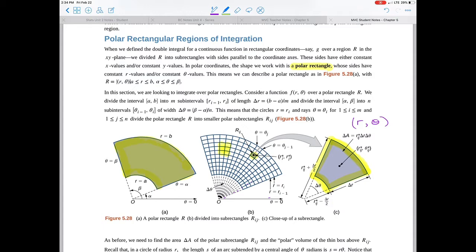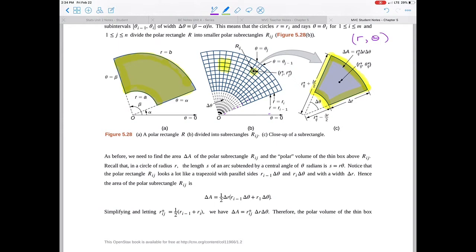Now, the way they define this is with this formula down here. They want you to remember that in a circle of radius r, the length of an arc subtended by a central angle of theta is s equals r theta. That is a formula that you learned in either geometry or pre-cal. So in terms of this right here, S is the length of this arc right here.